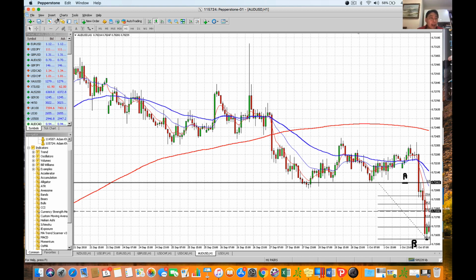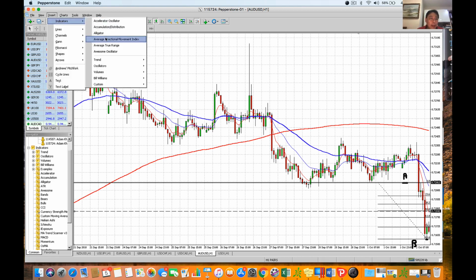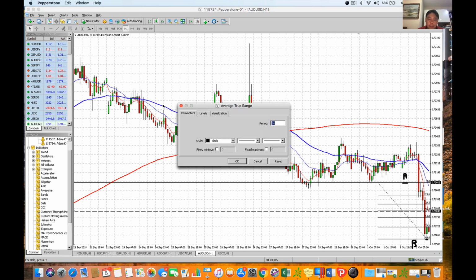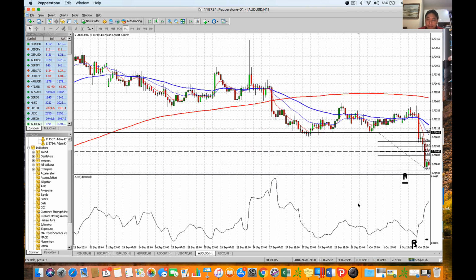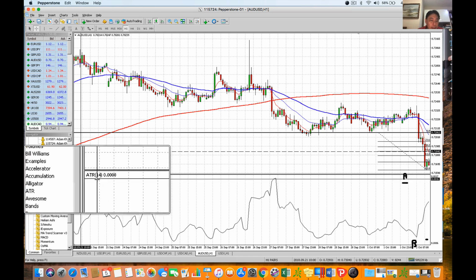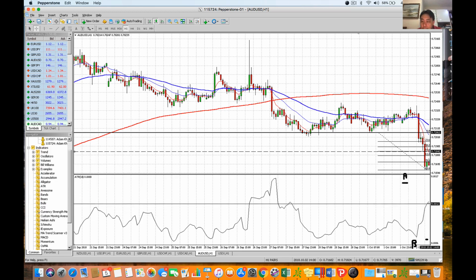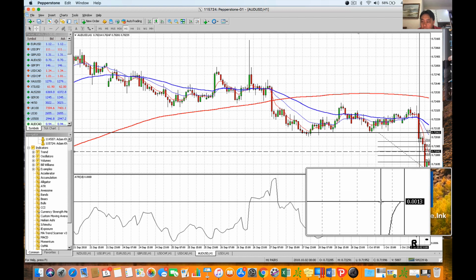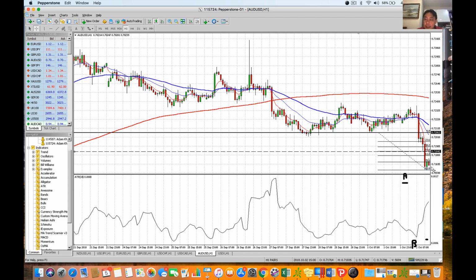So what is 1 ATR? Let's put in our ATR tool. You can see that's our ATR, and at that moment the ATR was 13 pips. So is this retracement at least 13 pips?